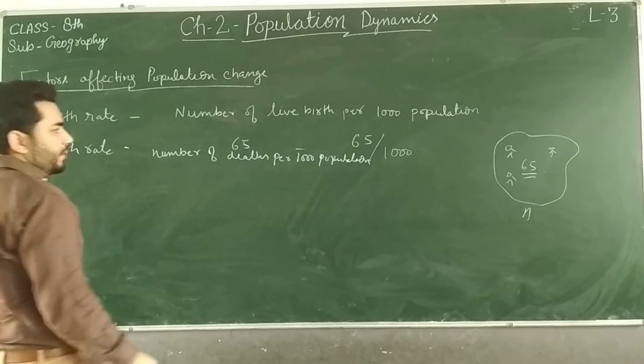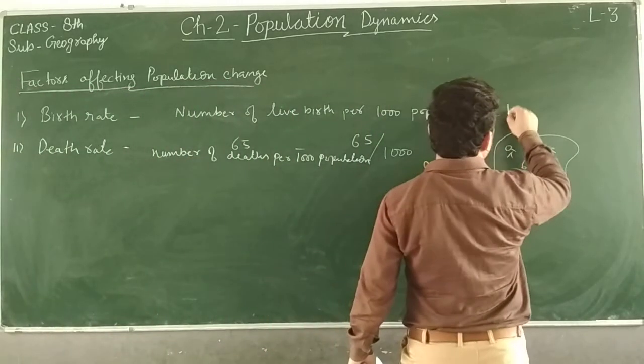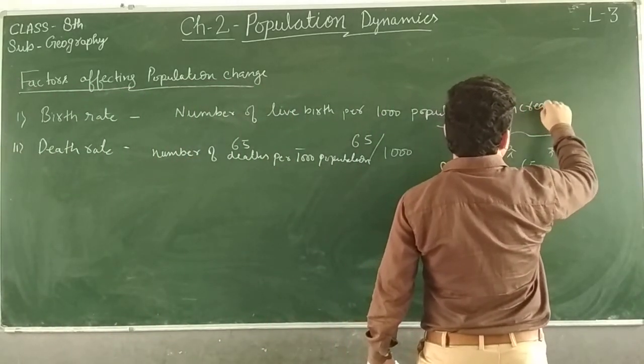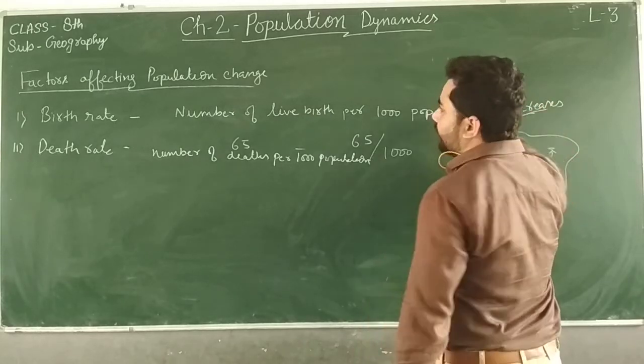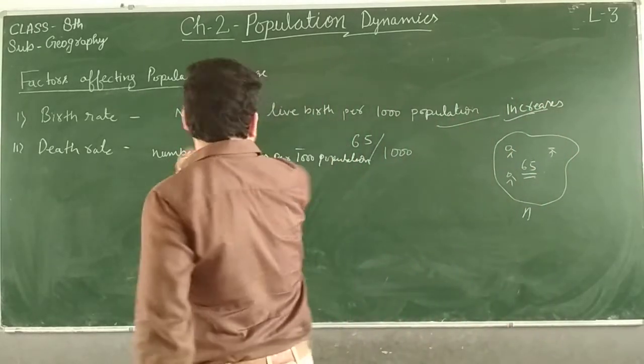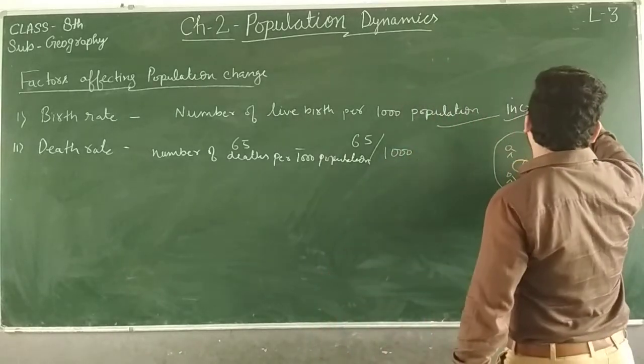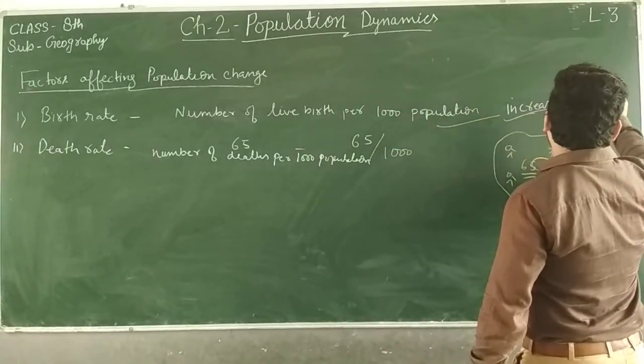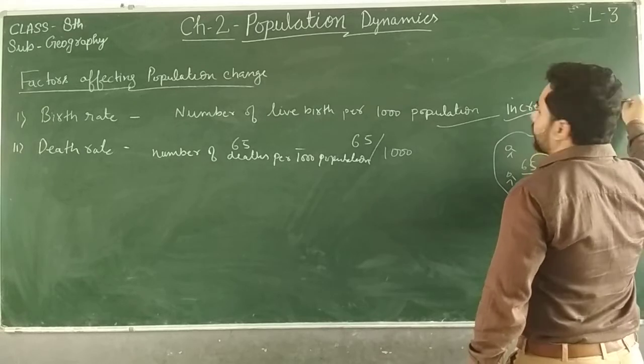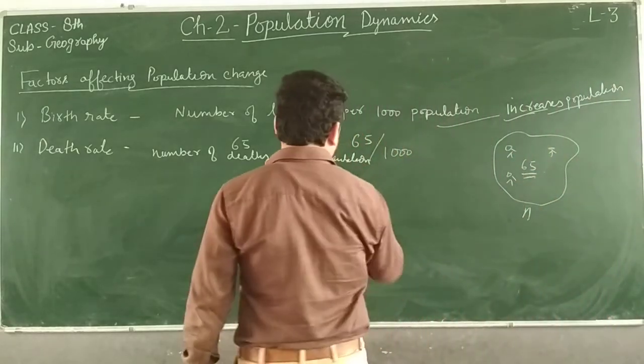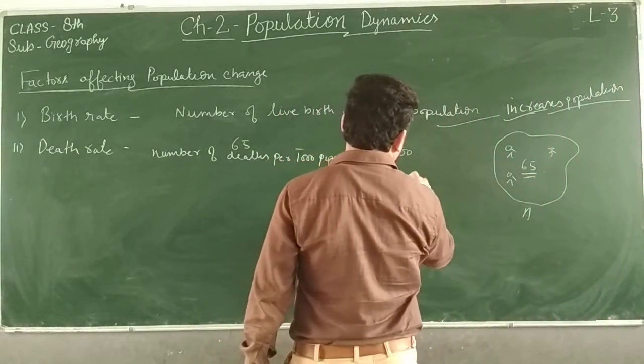How is it affecting population? Birth rate increases population, and death rate decreases population.